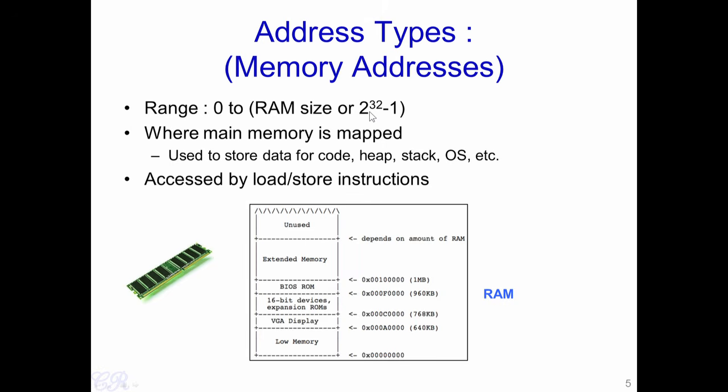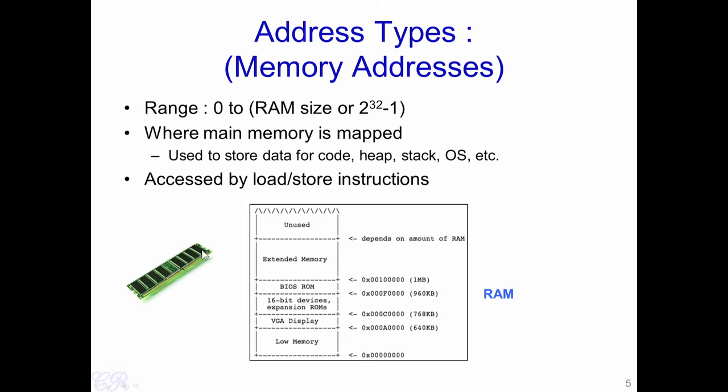That is, an Intel system with a 32-bit processor could have at most 2 power 32 or 4 gigabytes of RAM. So, each and every memory unit in this RAM has a unique address.